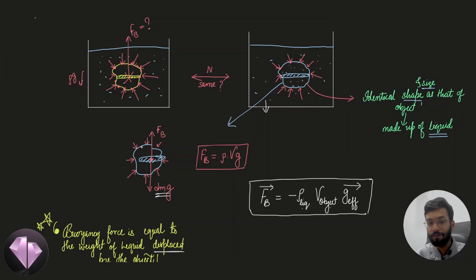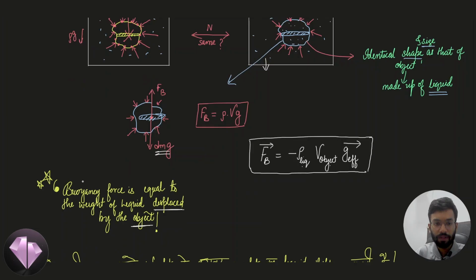So जितना weight liquid का इसने displace किया, the exact same is your Buoyant force. Very important to learn. Fb is equal to minus rho liquid, V object, g effective.